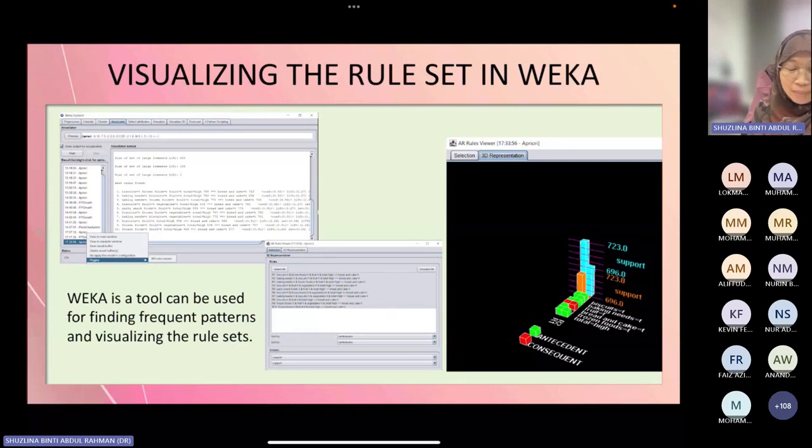You can set how many K items you want to search or generate. It will generate the possible rules with that setting, and then from there we filter accordingly. This is a very interesting exercise. I hope you can explore further how to visualize the rule set in Weka.